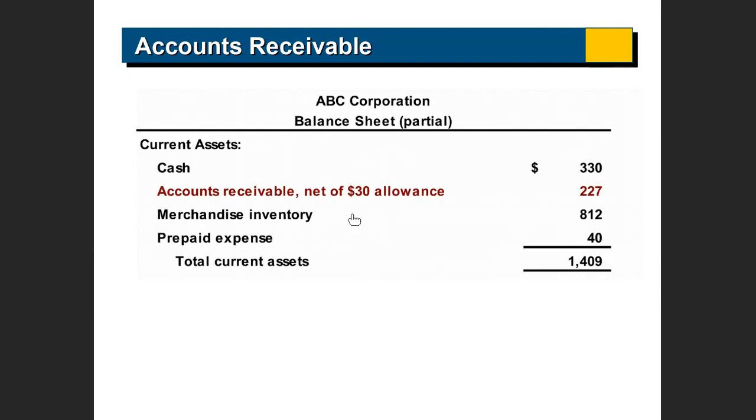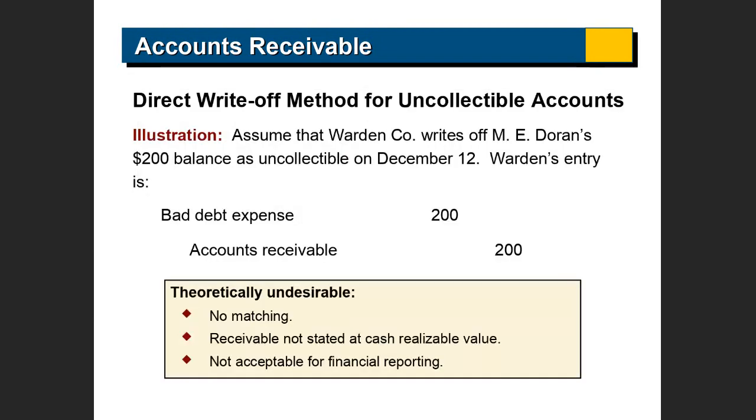So here, this is the presentation, net of $30,127. We have gone through this already. The next is the direct write-off method, where we assume that this company has a $200 balance as uncollectible. So what you do is there is no involvement of doubtful accounts.